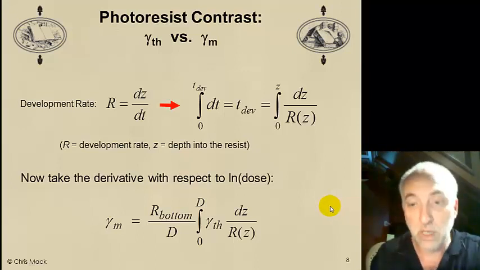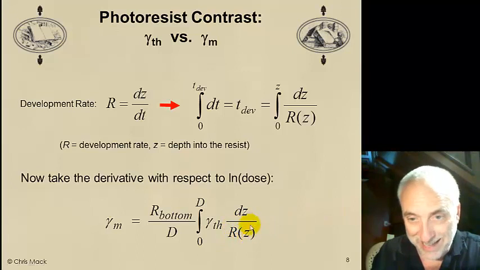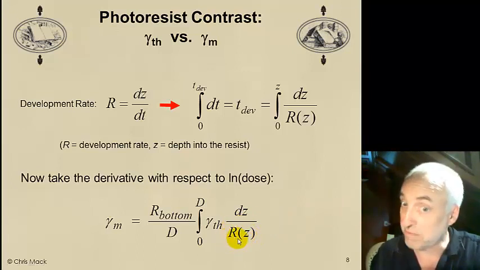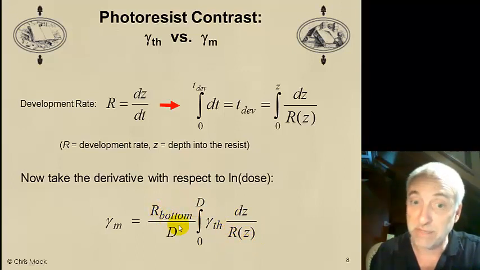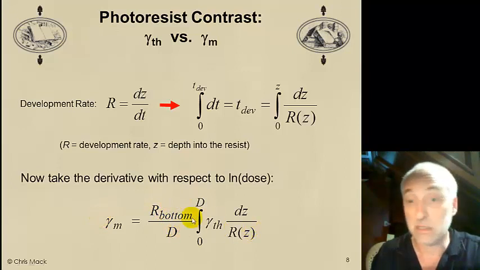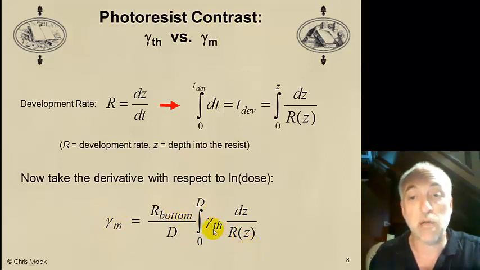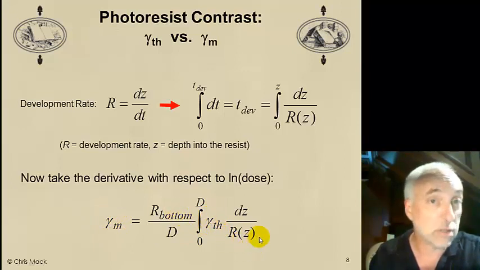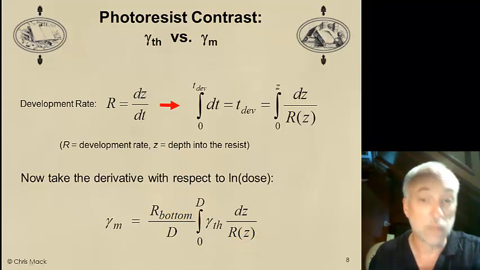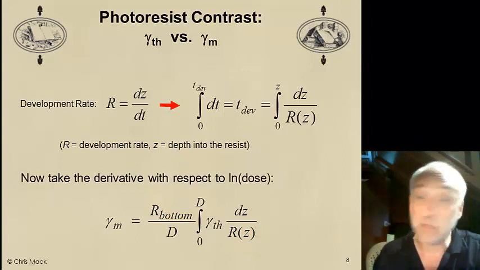In other words, the development rate at the top of the resist is very, very small, sometimes orders of magnitude smaller than the development rate at the bottom of the resist. So, in the presence of surface inhibition, measured contrast equals theoretical contrast times a number bigger than 1. In fact, it can be much bigger than 1.